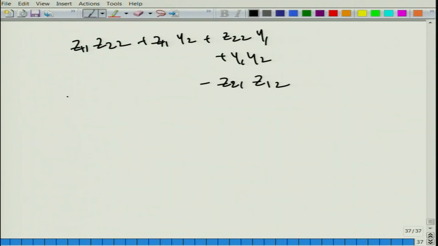Under the condition when this term tends to infinity, you can clearly ignore Y1 Y2, which will be much smaller.